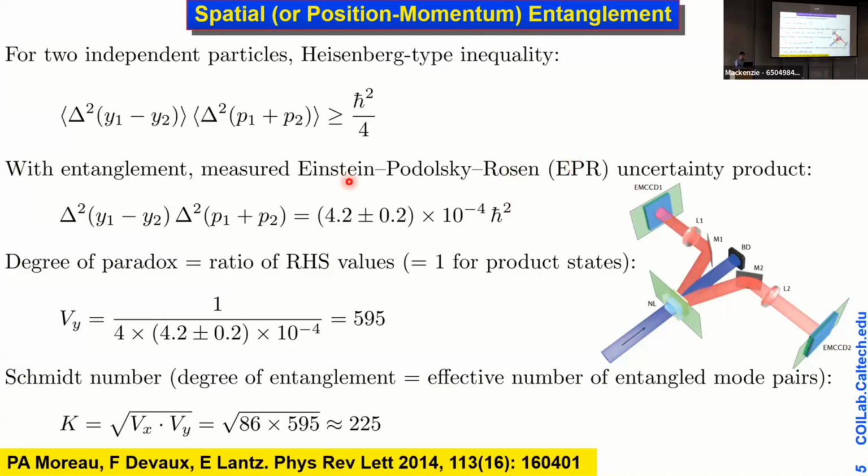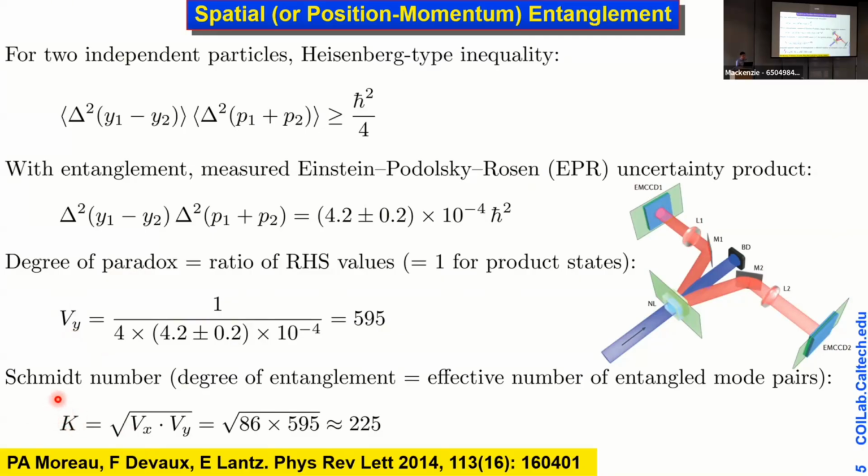In fact, the ratio between the 2 right-hand side numbers is the degree of paradox, right? If it's a 1, then that's the product state. If you have entanglement, then you can get something far greater than 1. And you can do the same type of measurement on both axes, and you take the geometric mean.